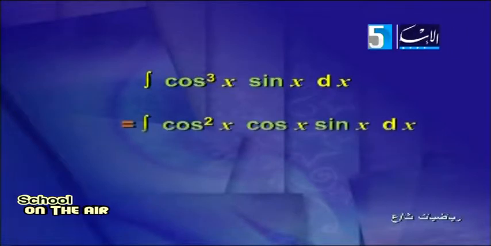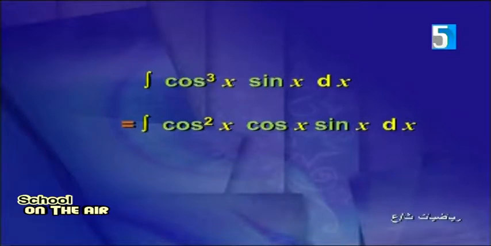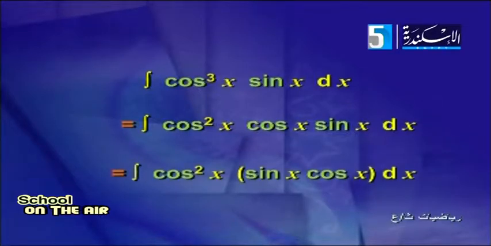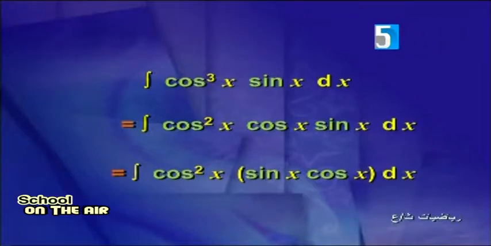Then we can write the function as the integration of cosine power 2x times cosine x times sine x dx. And we know that cosine x sine x is equal to half sine 2x, the integration with respect to x.